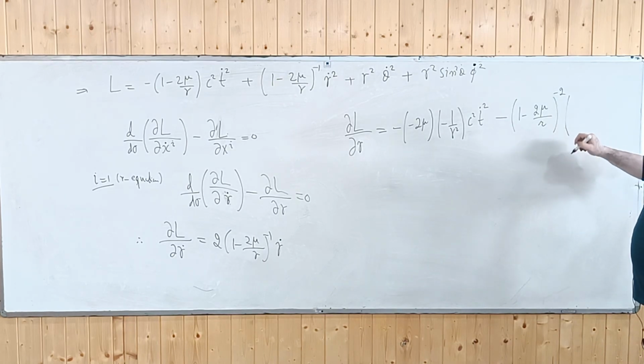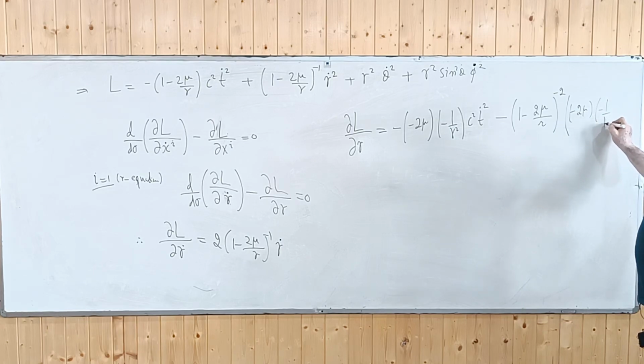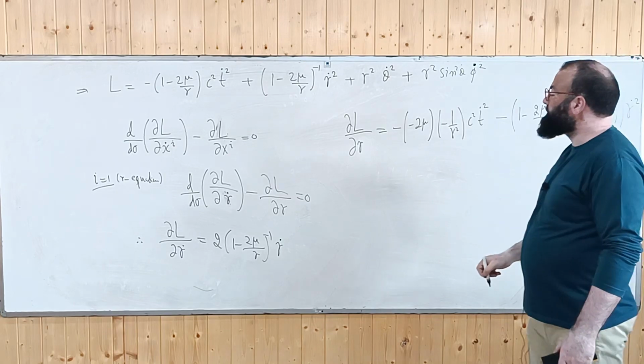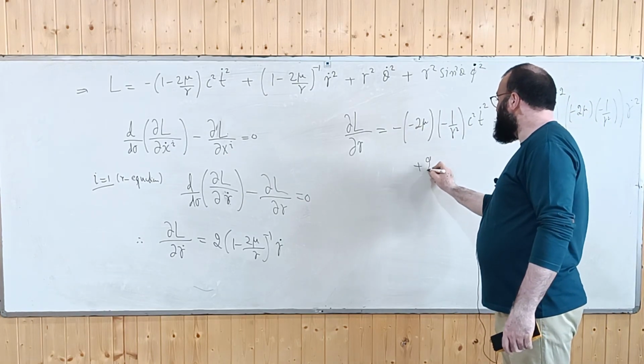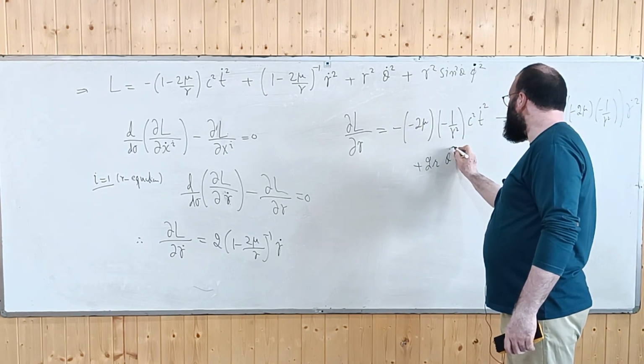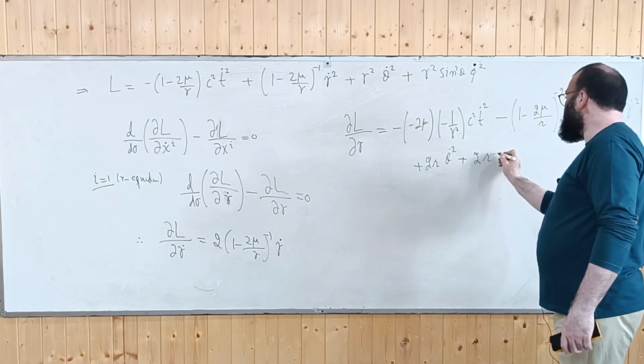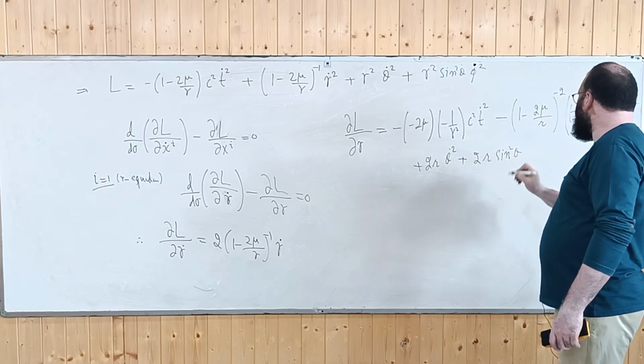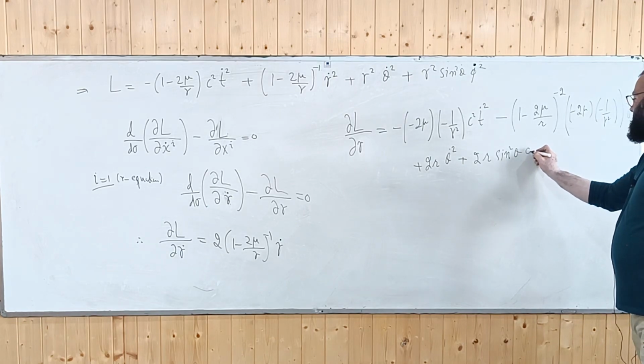Then you are having minus twice mu, then minus 1 by r square, so r dot square. Then you are having plus twice r theta dot square plus twice r sine square theta phi dot square.